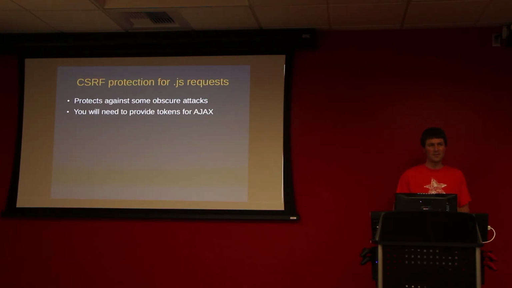Normally CSRF protection is just required for posts, but AJAX requests can come in as GETs, and pretty typically they will, or a request for some JavaScript file can come in as a GET. So this just extends it to that, because if you're returning a JavaScript object, you're probably doing some kind of scripting. So it's probably a good idea to keep it protected, so people will have to start providing security tokens for their JavaScript requests.